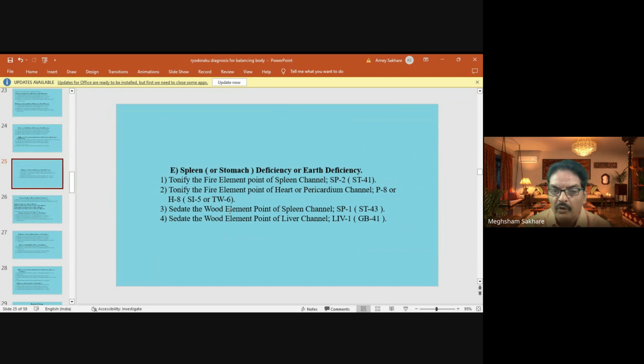Sedate the wood element point of the spleen channel, SP1 or stomach 43. Sedate the wood element point of the liver channel because wood destroys the earth. So you should sedate wood to tonify earth.